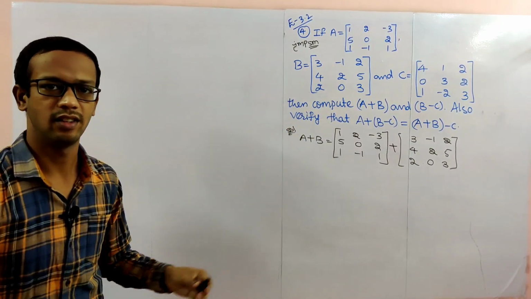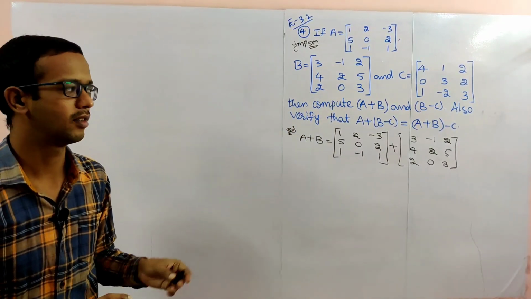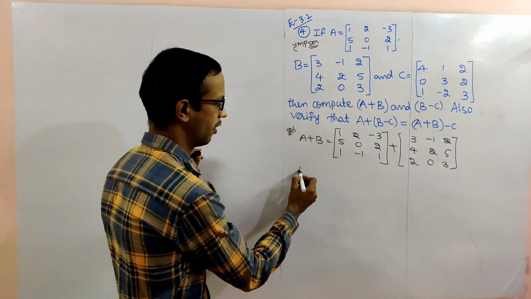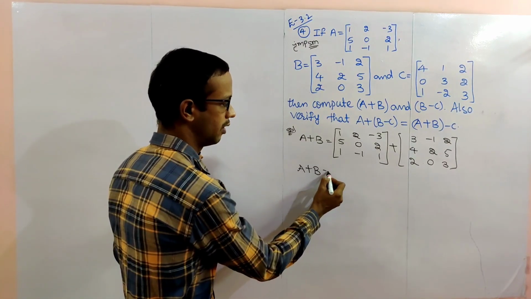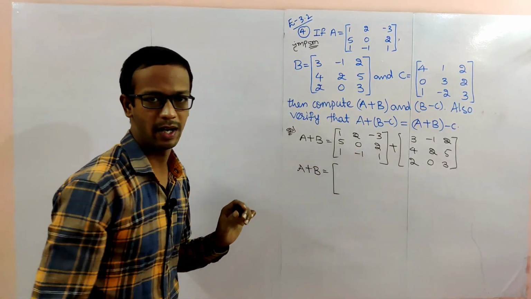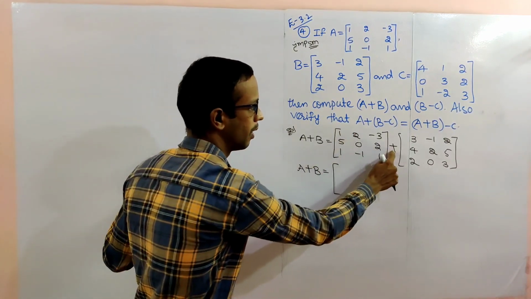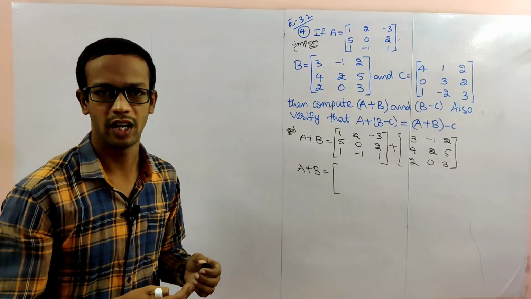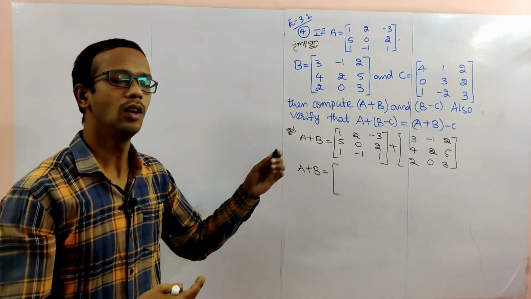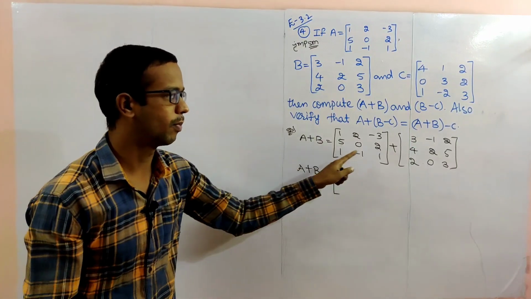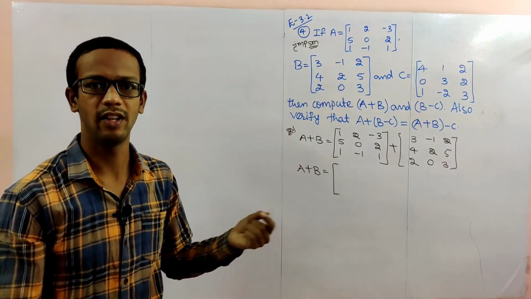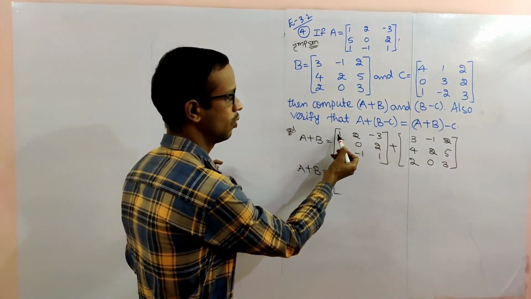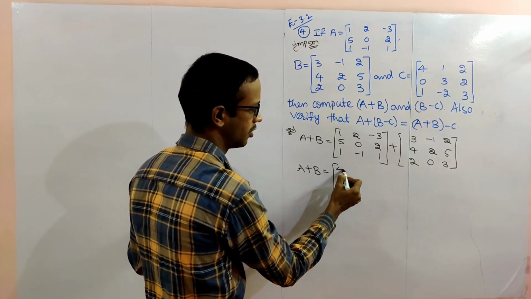So addition exists, since a 3 by 3 matrix and a 3 by 3 matrix are there. So what can we write? A plus B is equal to, directly I am writing, 1 plus 3. We already discussed a lot of problems, so you can write directly. If you are not understanding, write the 1 plus 3 step. Otherwise, do the mental calculation, corresponding elements addition.